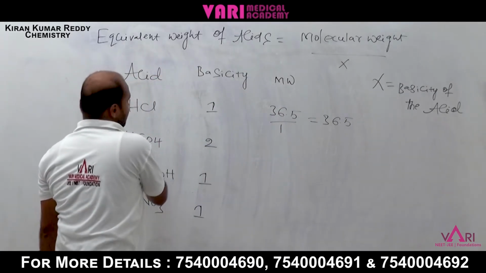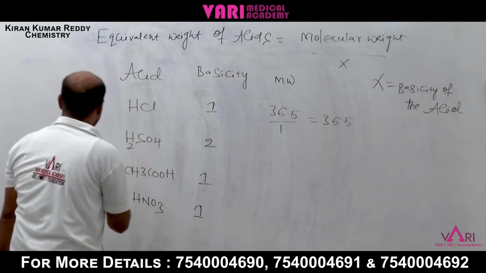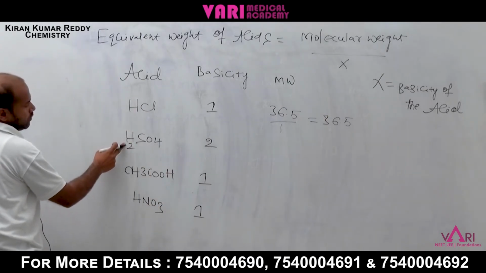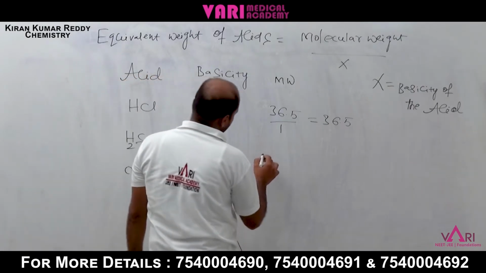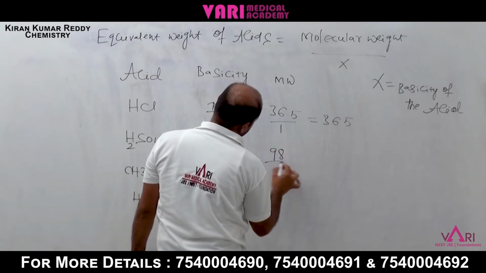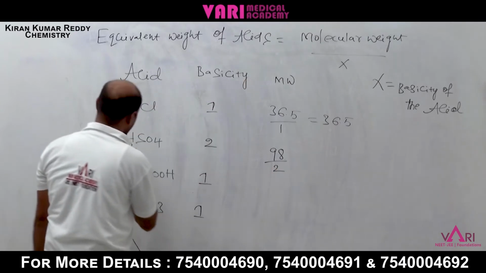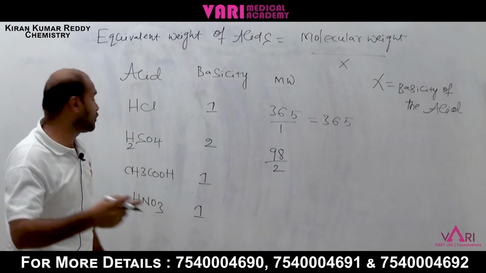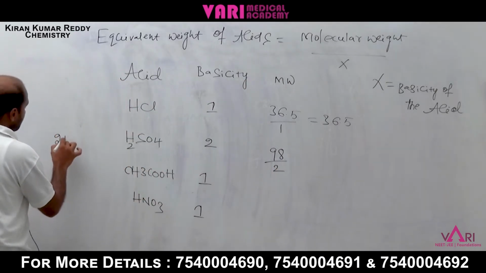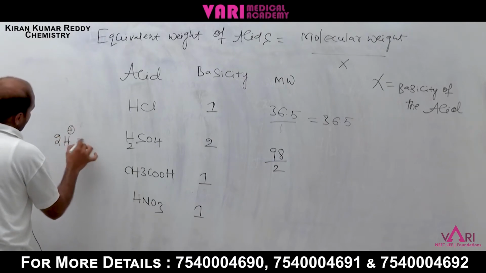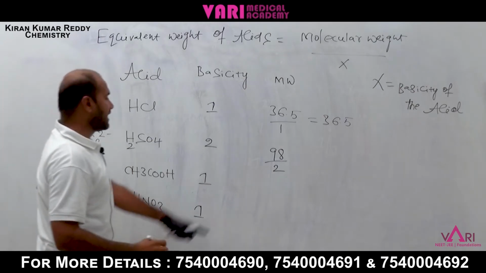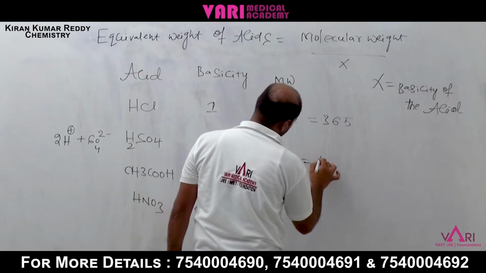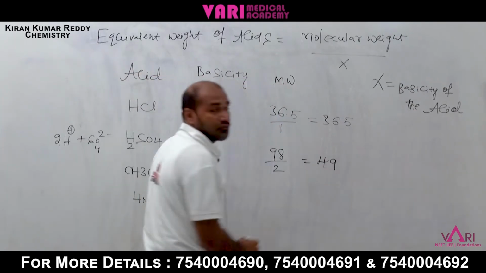Next I am taking H2SO4, we can take 2 plus 32 plus 16, 64, total 98 by 2. Number of replaceable hydrogens? 2 replaceable, 2H plus and SO4 2 minus. So 98 by 2, the equivalent weight of the acid is 49.